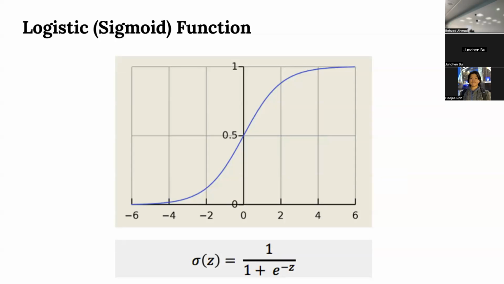For very small Z, this is definitely 0. For very large Z, this is definitely 1. This is a simple way to convert. But you see, it's not linear. For Z equal to 4, you get all the way to 1, and you get very quickly to 1 and 0.